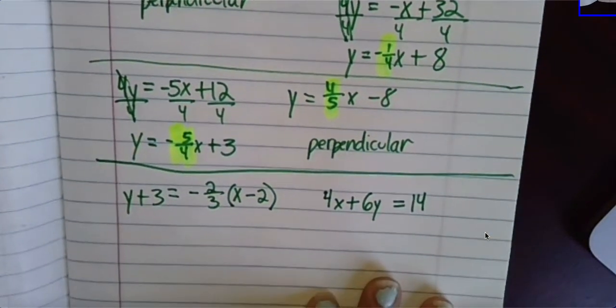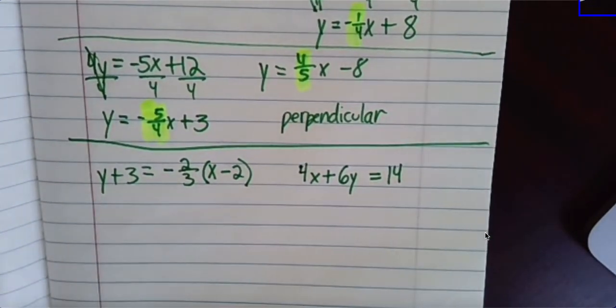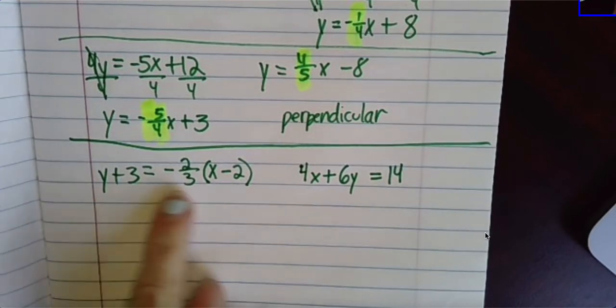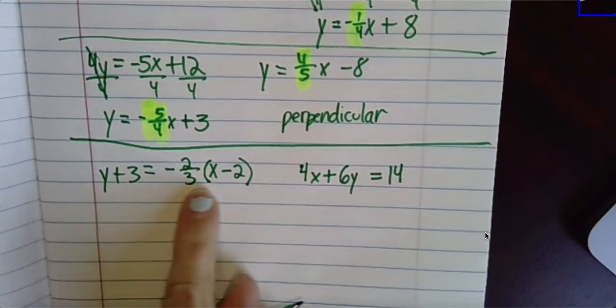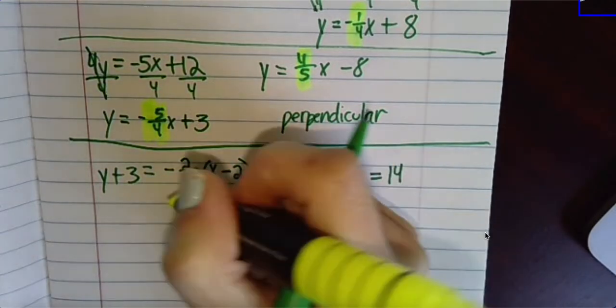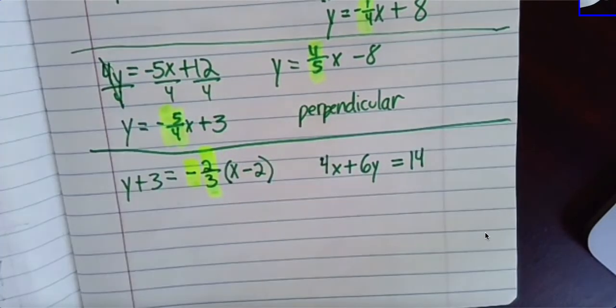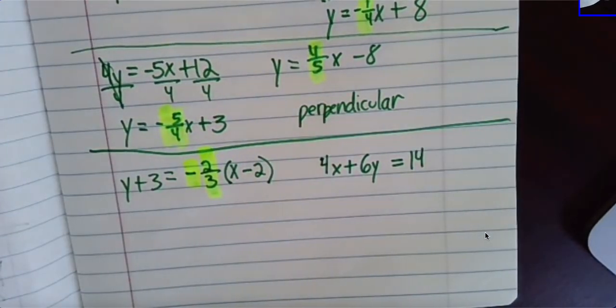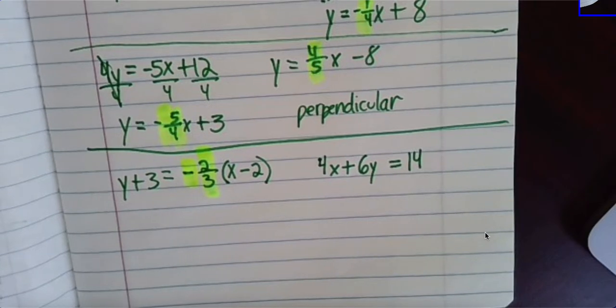Okay, and then I have this problem. All right, the good news is on this one, I know my slope. What's my number that was in front of my x? Negative 2/3. Remember, that's point slope form. That one, I can tell my slope is negative 2/3. So on your number 11, you can tell your slope is negative 1/2.